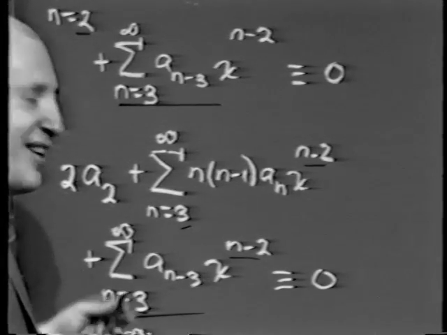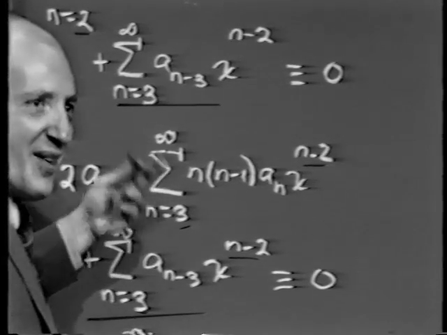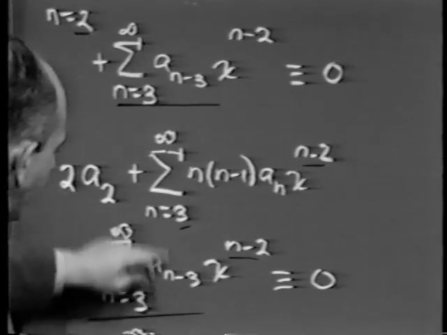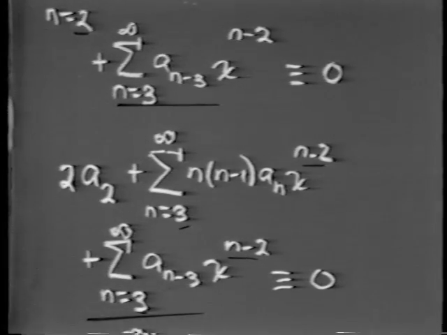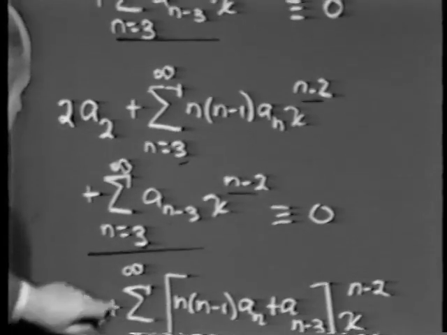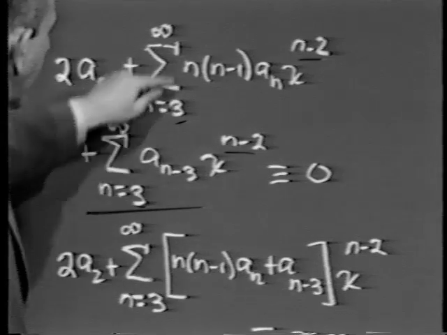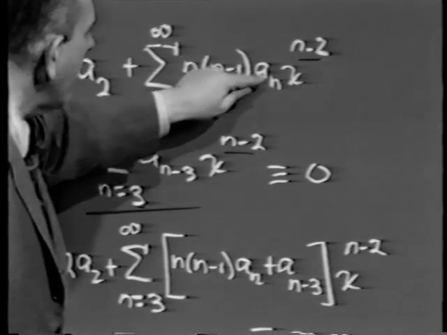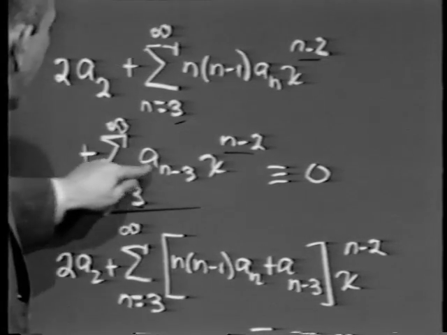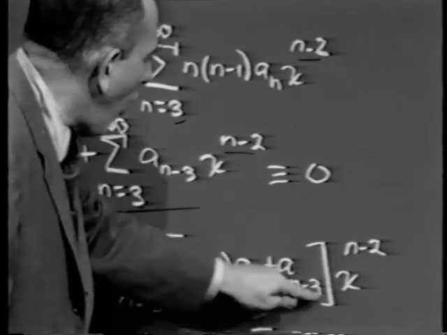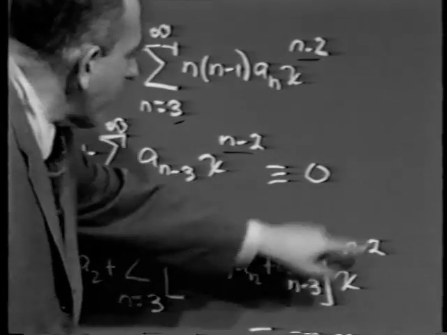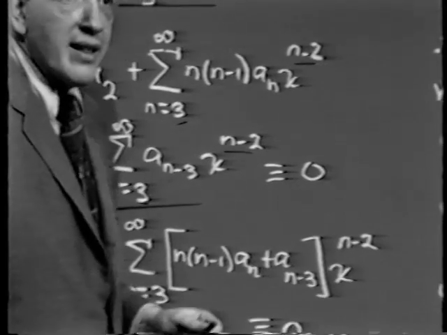See, the sigma of a sum is the sum of the sigmas. I add these up term by term. So that leaves me what? I have my 2a2 still outside here. And then inside the sigma notation, from 3 to infinity, I have n times n minus 1 times a sub n plus a sub n minus 3, that whole quantity times x to the n minus 2, and that must be identically 0.